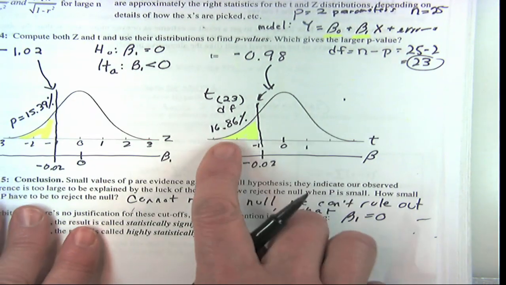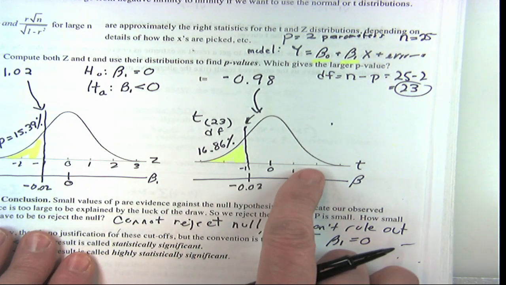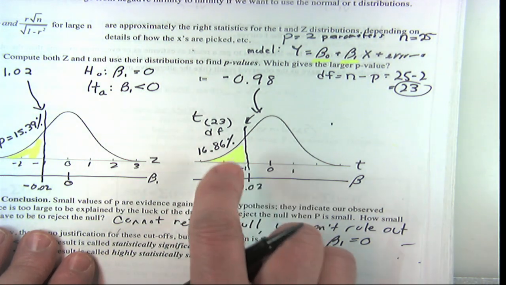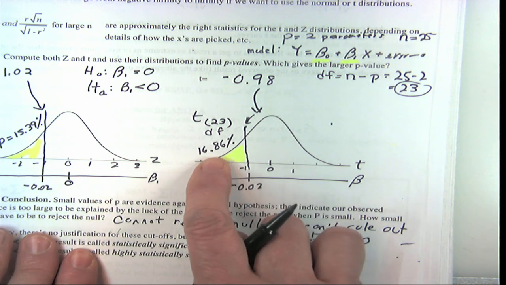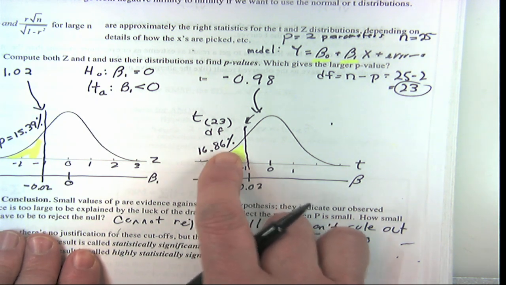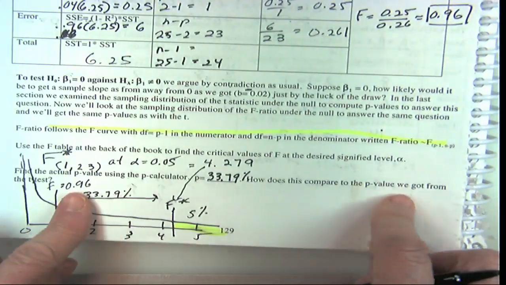What we got was equivalent to a two-sided one. So the p-value for our F statistic is twice that. Let's write that down, and we'll do this all on the next page. For now, how does it compare?